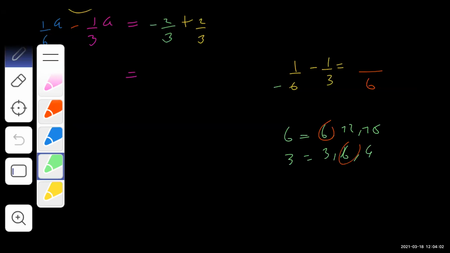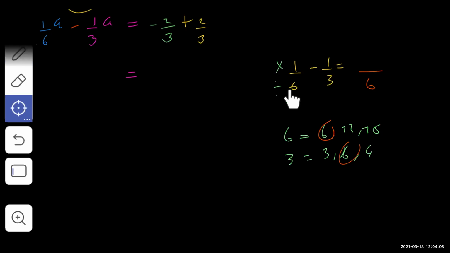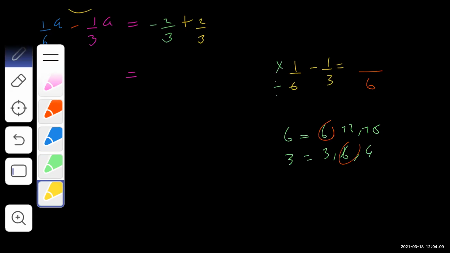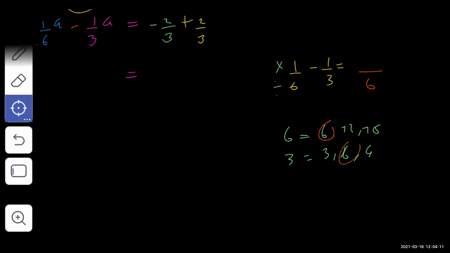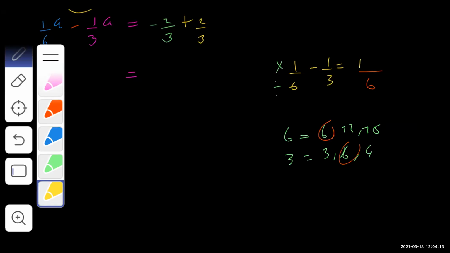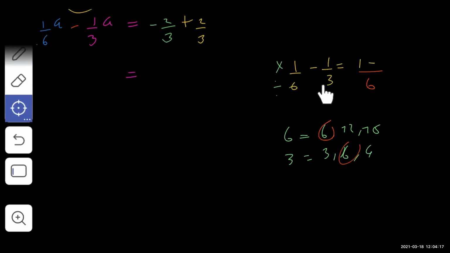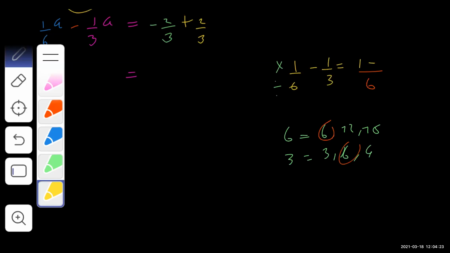And we need to divide here and multiply here. 6 divided by 6 is 1, and 1 times 1 is 1. Minus, let's copy that minus sign. 6 divided by 3 is 2, and 2 times 1 is 2. And that is equals to what, guys?